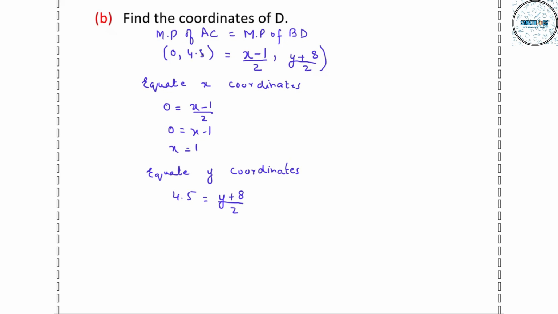Here 4.5 is the coordinate of Y. Here (Y plus 8) upon 2. So we have to equate 4.5 to (Y plus 8) upon 2. So we have here 9 is equal to Y plus 8 and Y is equal to 9 minus 8, which is 1. So the coordinates of D are (1, 1).